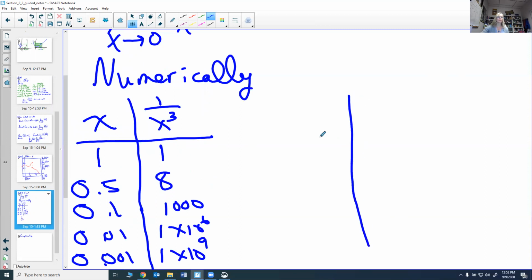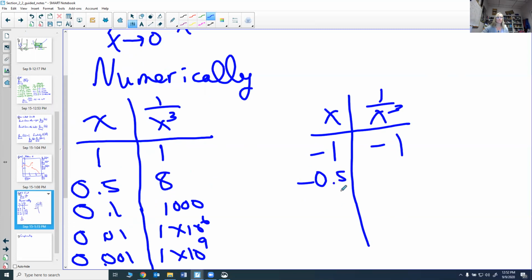Let's do from the left. So from the left would be numbers smaller than 0, like -1. Put -1 in, of course, you get -1 back. Then get closer. Again, you're looking for trends. So you don't just jump straight to a number close to 0. You're going to let these numbers get closer. And you get -8.